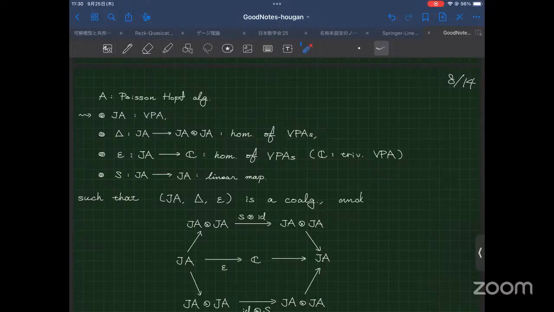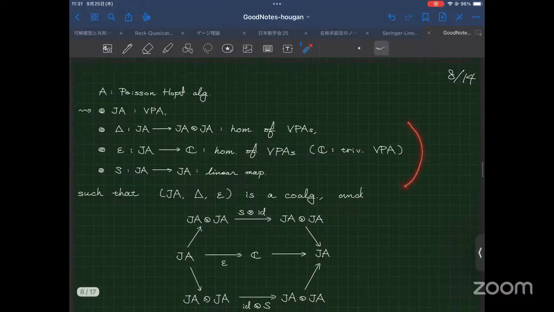So let's consider the jet of a Poisson Hopf algebra. Since a Poisson Hopf algebra is a Poisson algebra, its jet is a vertex Poisson algebra. Furthermore, the Hopf structure induces a structure on the jet. The coproduct and counit are homomorphisms of vertex algebras, and the antipode is merely a linear map.